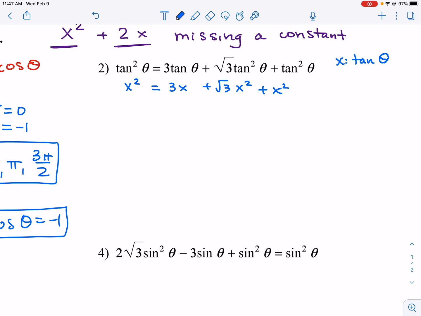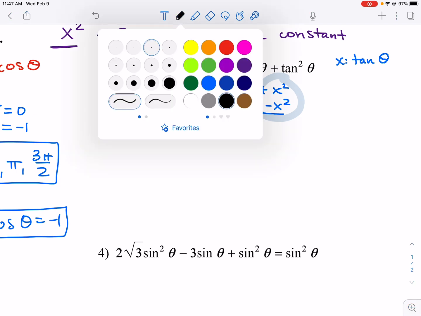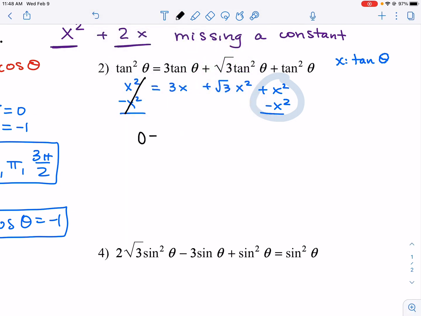Again, remember that we want to get this to equal 0, so we're going to subtract x squared over. And I'm putting it with this one here at the back because it'll just cancel it out. So this becomes 0 on the left, this cancels out, and I'm left with 3x plus radical 3 x squared.